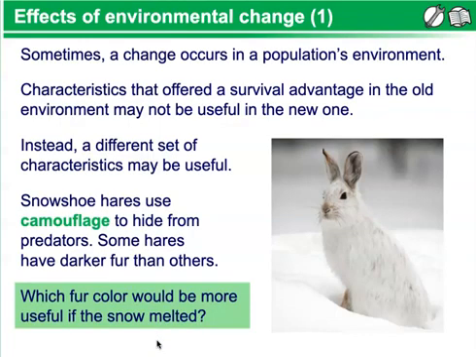It may be advantageous for the population to retain some of the genes that code for the darker fur color, because as environments change, those genes may be needed in the future.